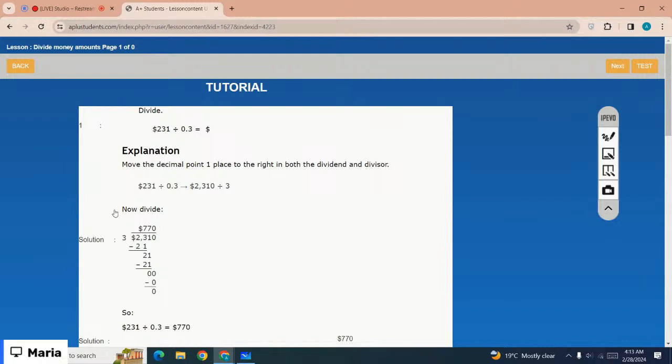You can remove the decimal point by moving it one place to the right in both the divisor and the dividend. This way you remove the decimal point. Or you can divide without the decimal and then add the decimal point, right? Let me explain how you can put the decimal point if you divide without the decimal.